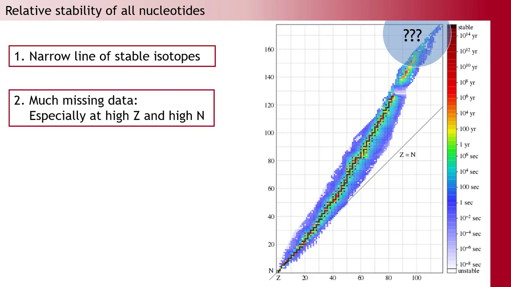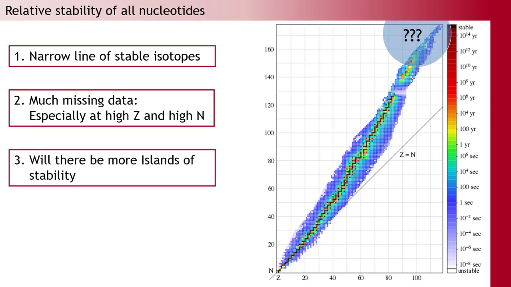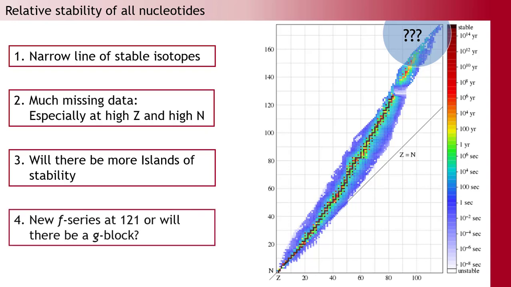There remains a possibility that we might find some as yet undiscovered heavier nuclei that have some significant stability. And if we can, what happens next to the electronic structure of these atoms? When we get to the hypothetical element 121, does it sit underneath actinium at the start of the third period of the f block? Or do we start to occupy the 5g orbitals and begin a whole new block, a g block of elements?